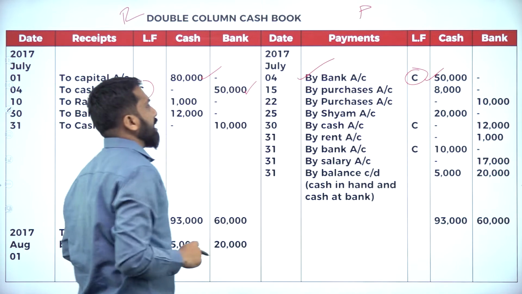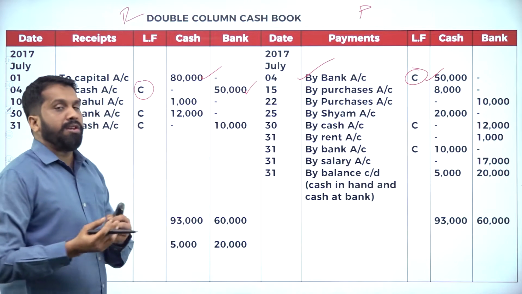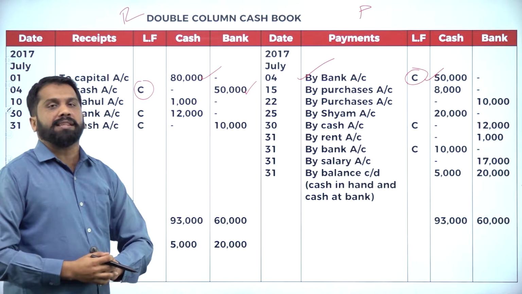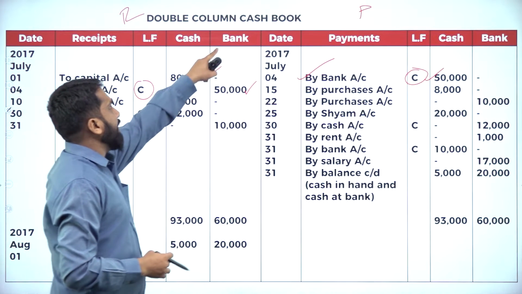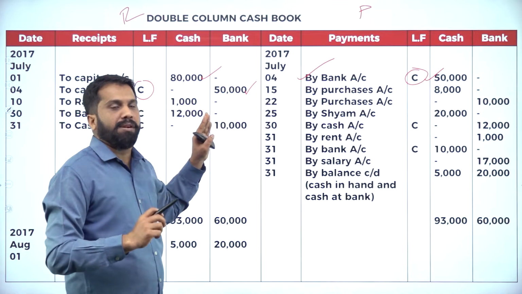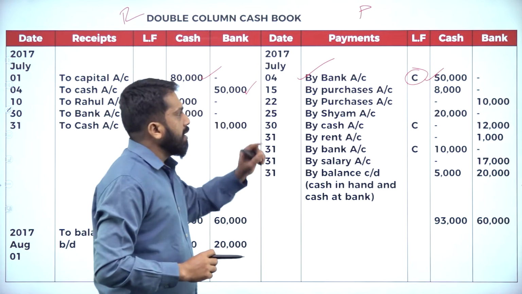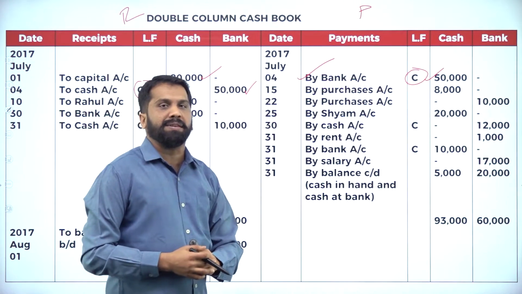This is done. Any doubt? No doubt. Now, contra means what? Your own cash you have deposited in bank. So, for bank, it is a receipt. Whatever you write in the debit side is a receipt. Whatever you write in the credit side, we call it a payment. Now, 50,000 in the payment side.